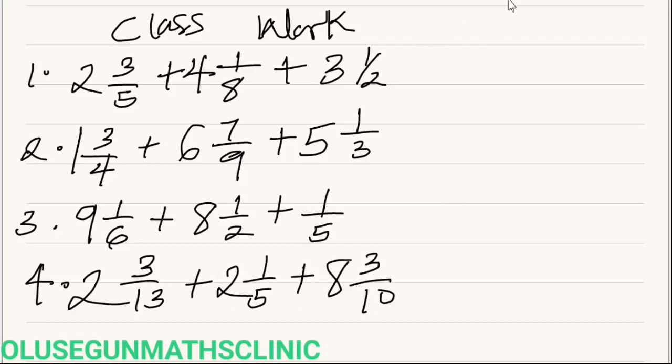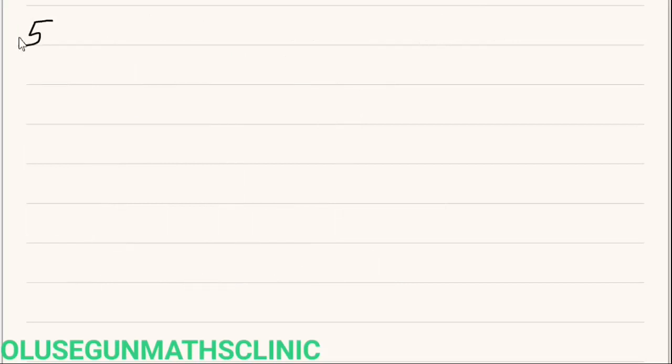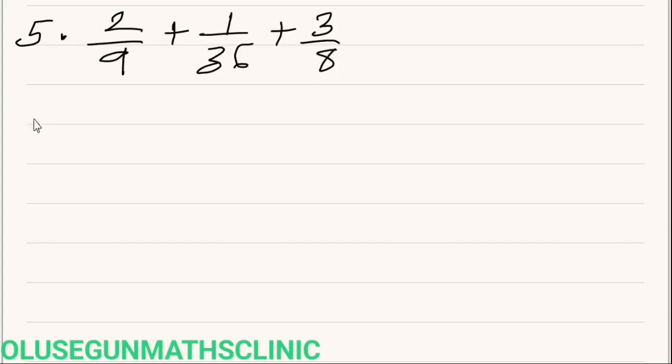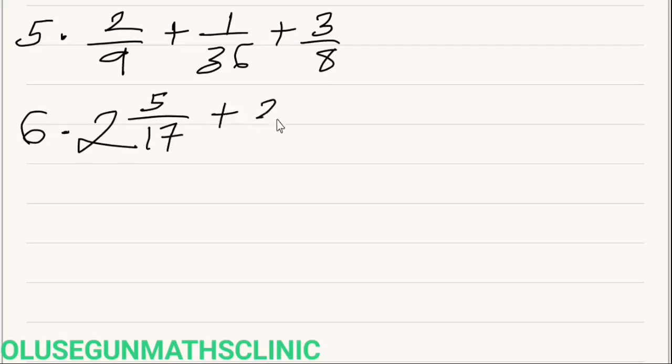So let's have number 5. You have to solve all these. 2 over 9 plus 1 over 36 plus 3 over 8. The next: 5 over 17 plus 3 over 17 plus 1 whole number 2 over 12.